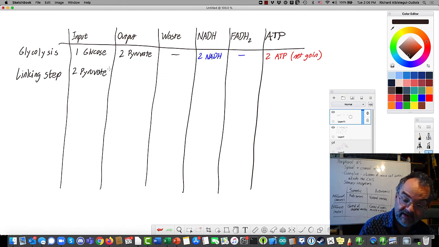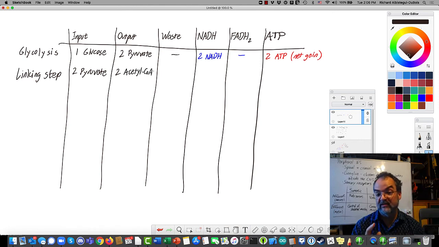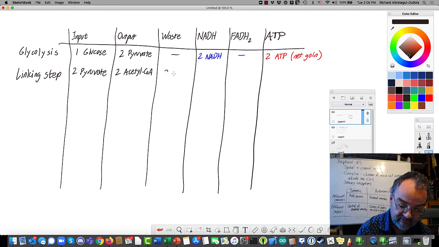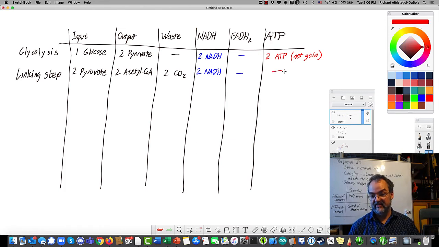The useful things that came out from the linking step were 2 acetyl-CoA. If you remember, in the linking step, we made waste of 2 molecules of CO2. We also made 2 more NADH, no FADH2, and there were no ATP produced directly in the linking step.